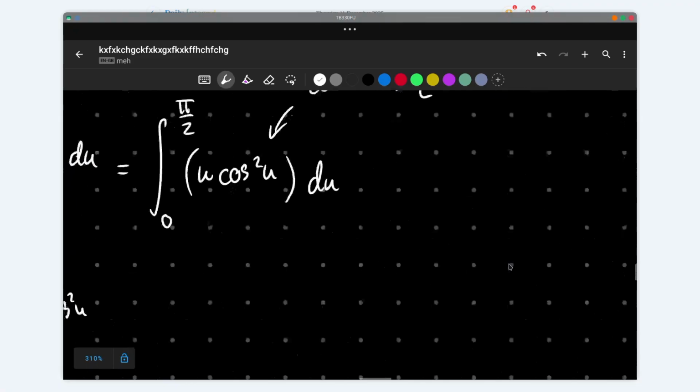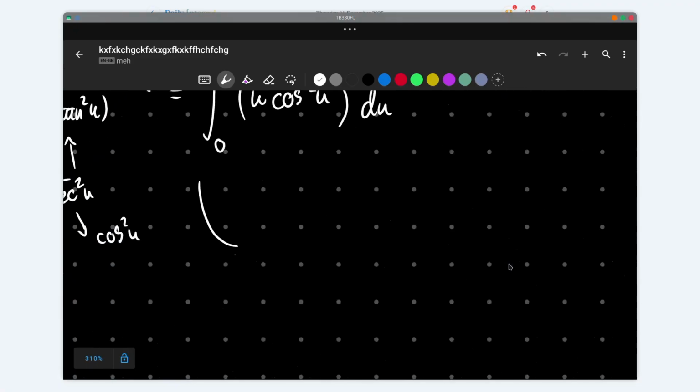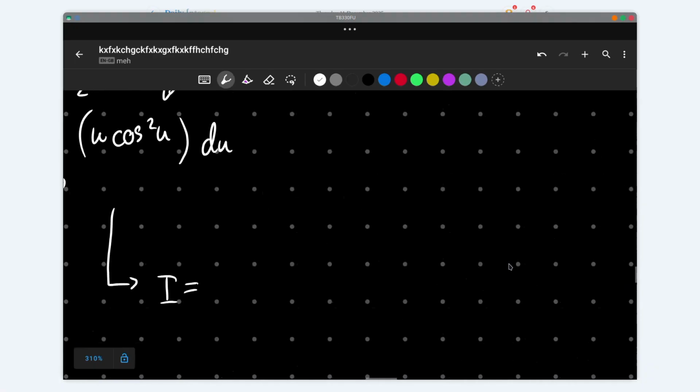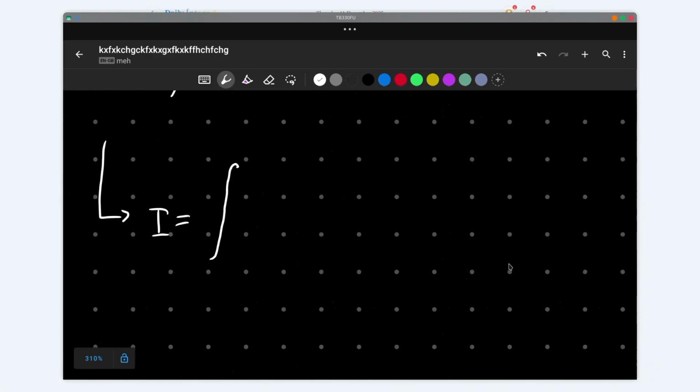So now you've got u over some stuff. So now your integral is, that's a massive integral sign.